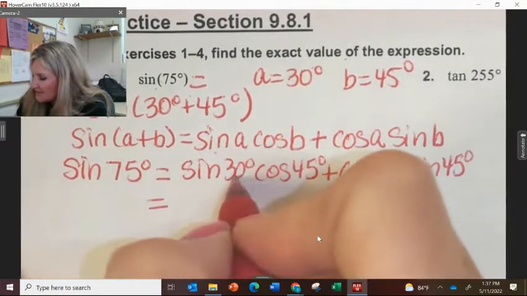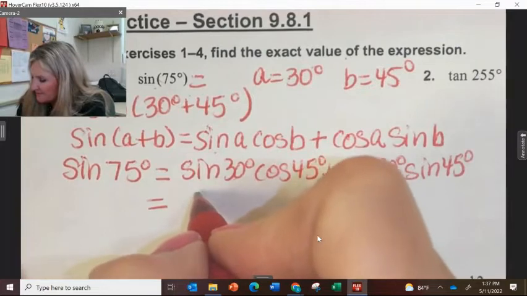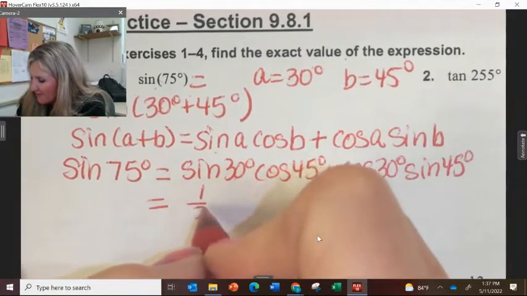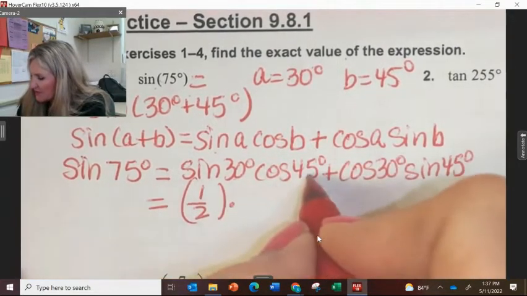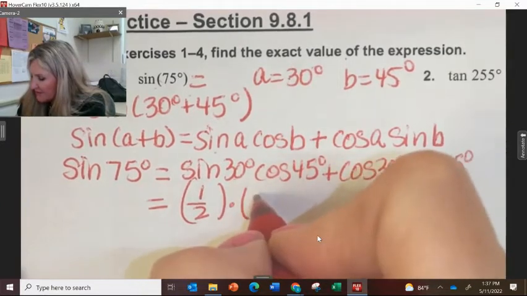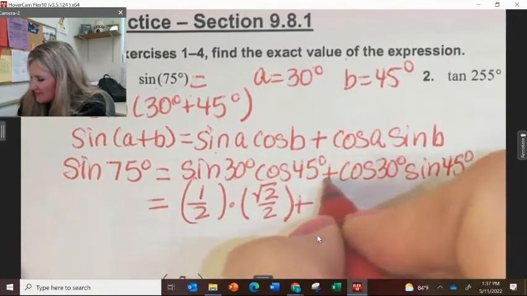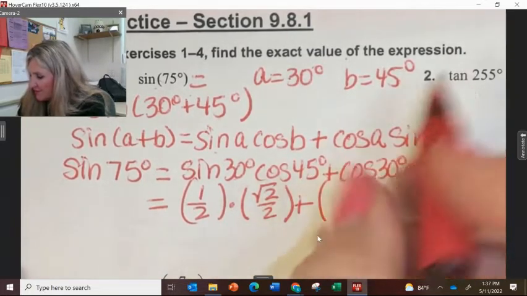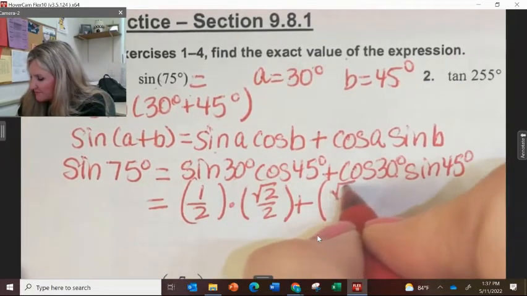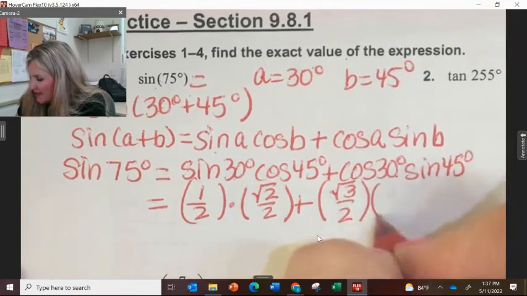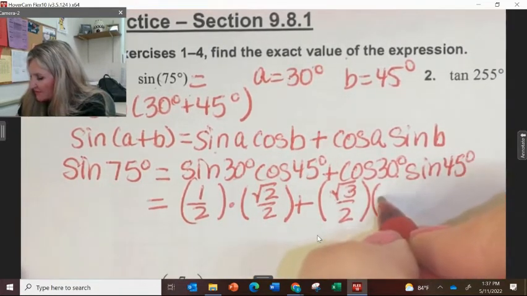Now, what is the sine of 30 degrees? 1/2 times, what is the cosine of 45 degrees? Plus, what is the cosine of 30 degrees? Times, what is the sine of 45 degrees?